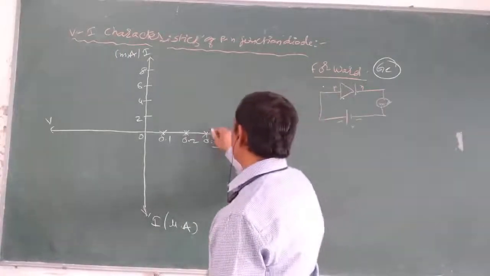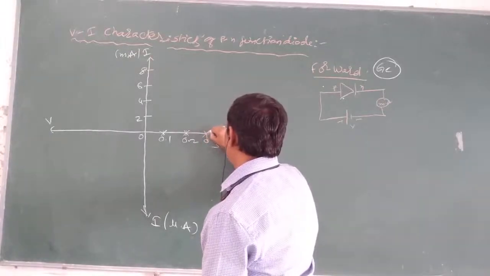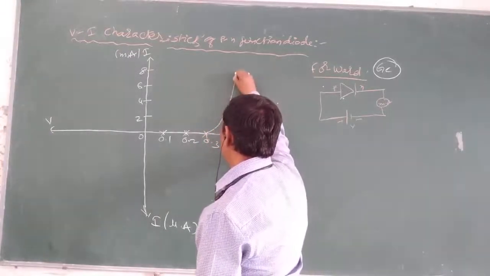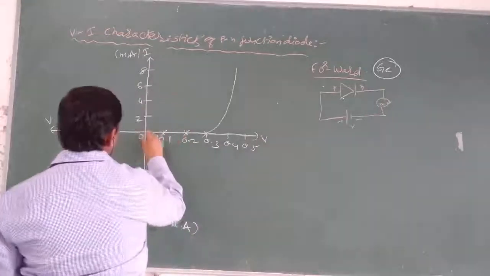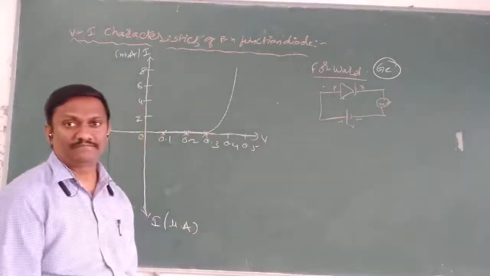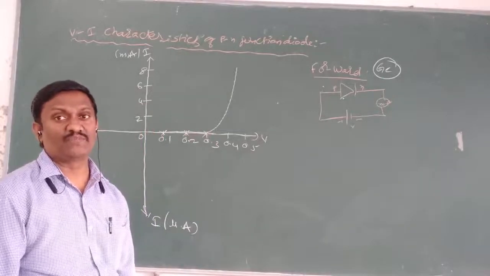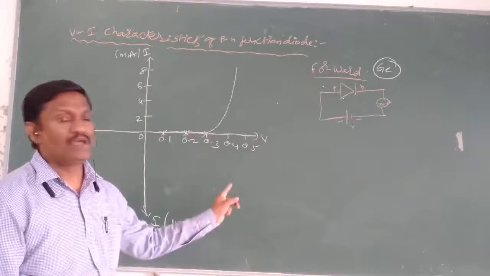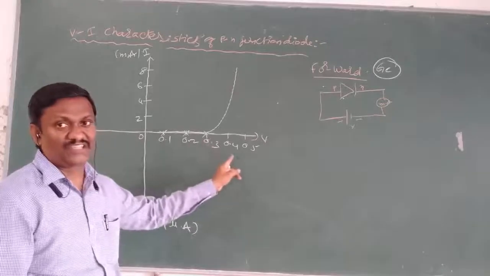After 0.3 volts, as applied voltage is increased, current also increases linearly. So that is the VI characteristics of a PN junction in forward bias. Up to a certain potential, current conduction is almost 0, and beyond it, current increases linearly.